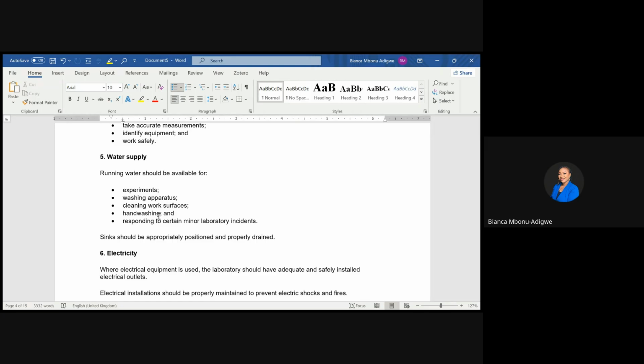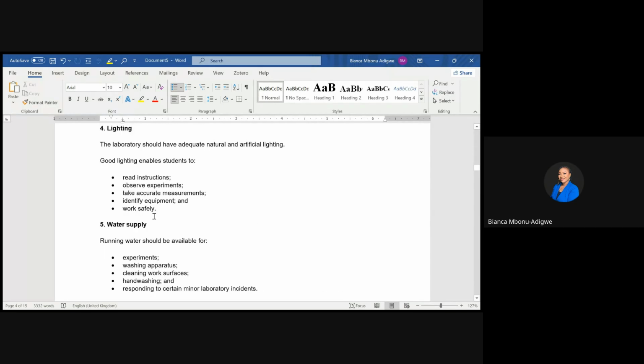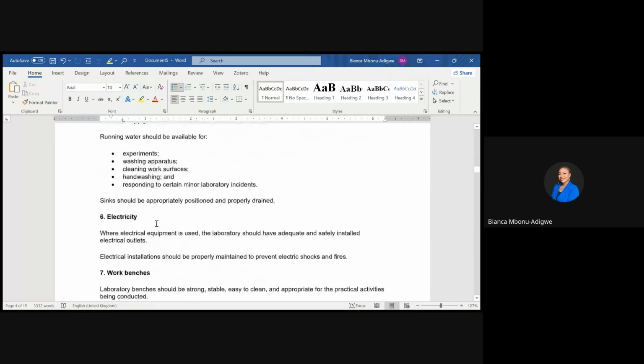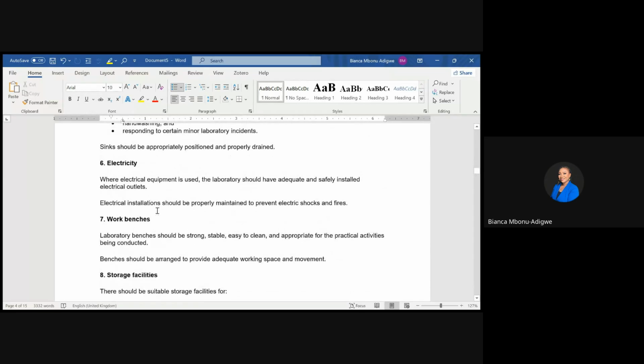The next one is electricity. We've mentioned six of them now: location, space, ventilation, lighting, water supply, electricity. Where you have electrical equipment, you should have safely installed electrical outlets.